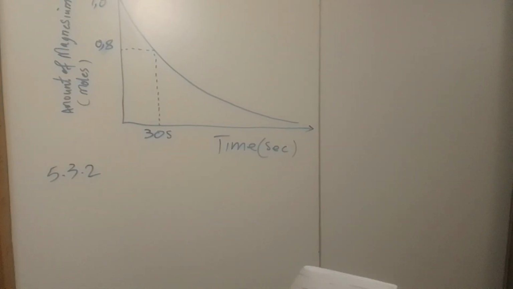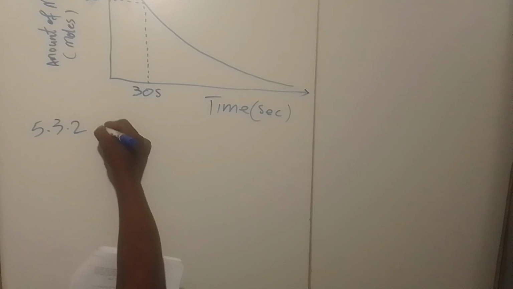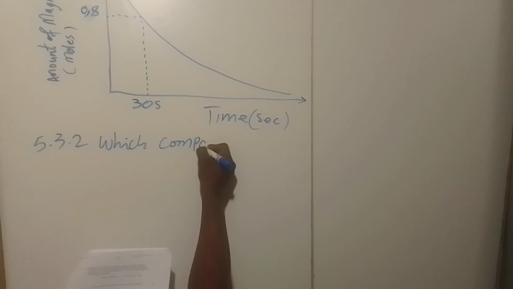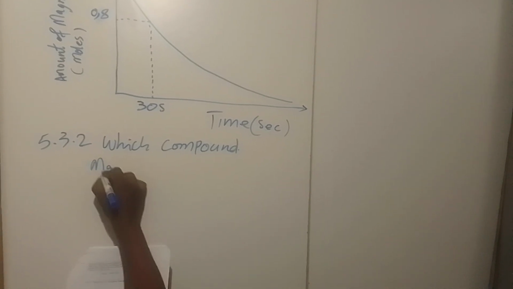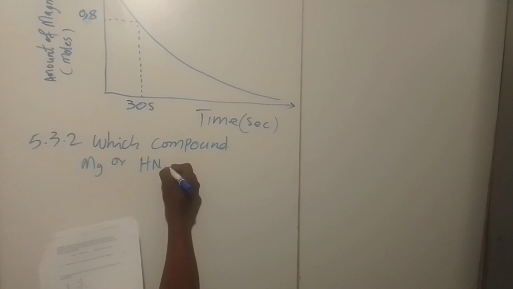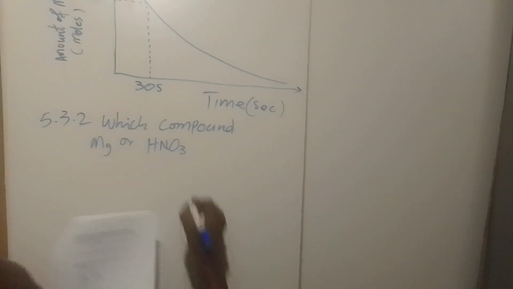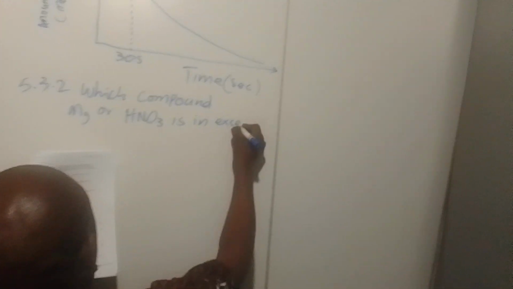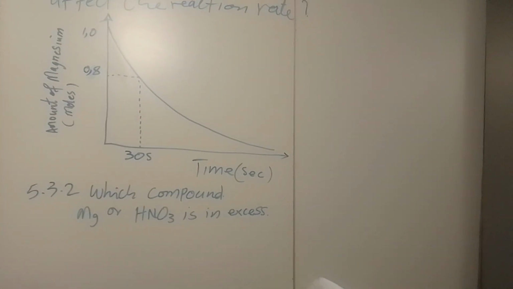Now the question reads as follows: which compound, Mg or HNO3, is in excess? Give a reason for your answer using the information on the graph.